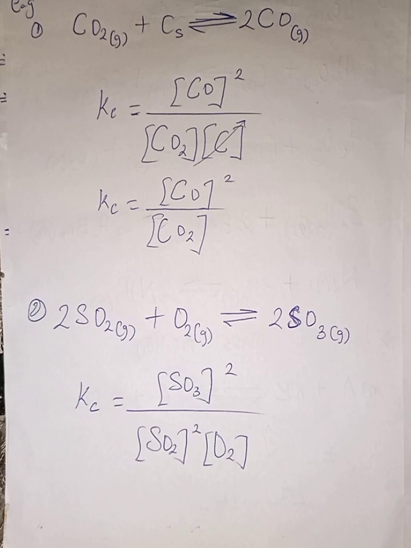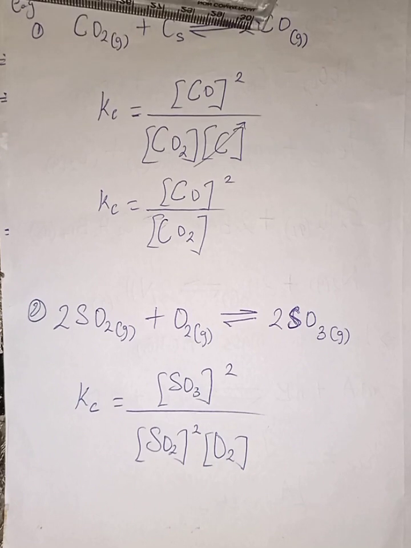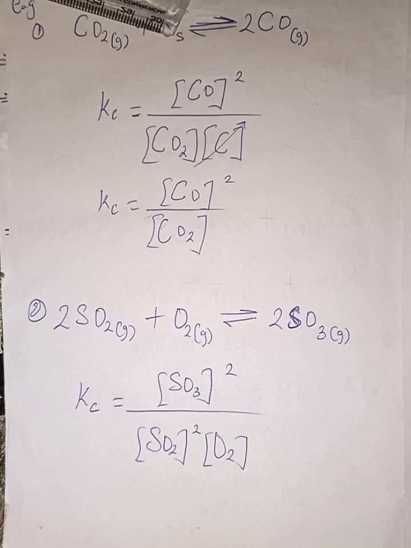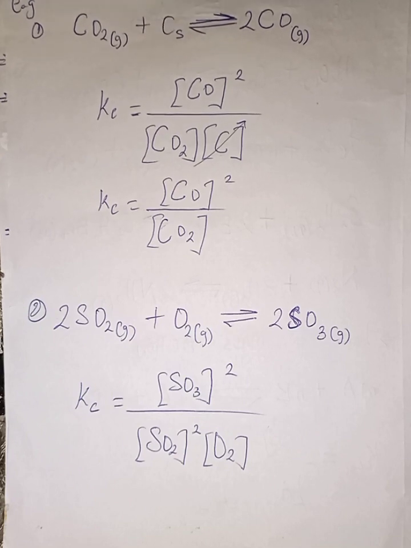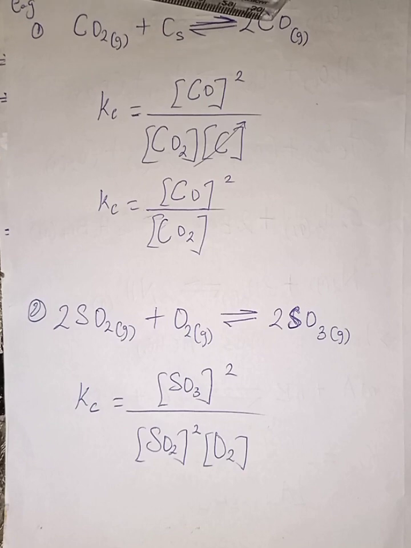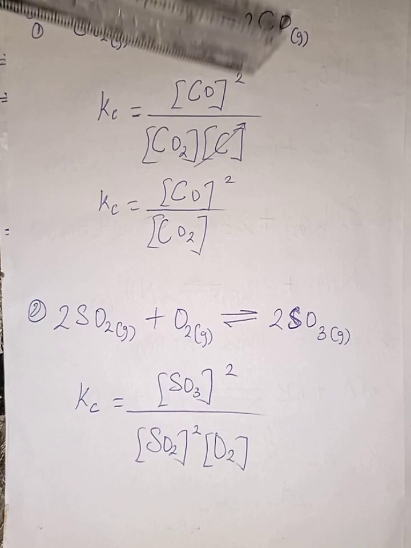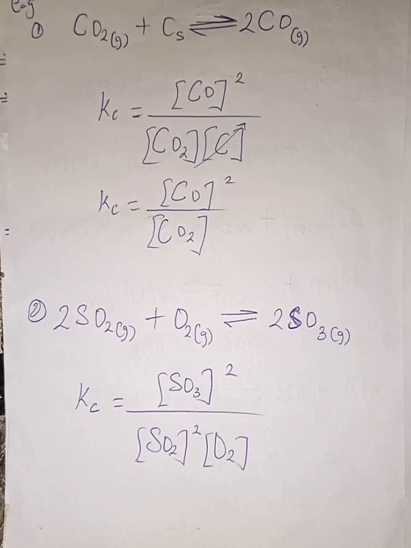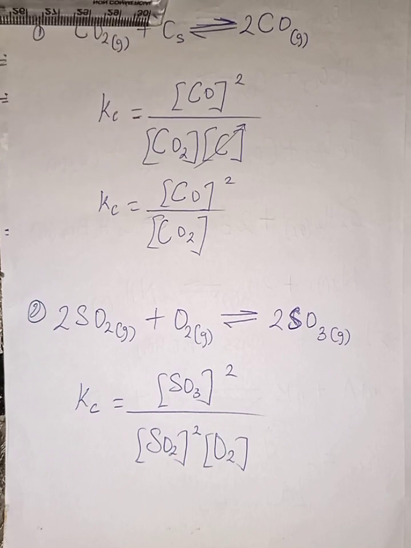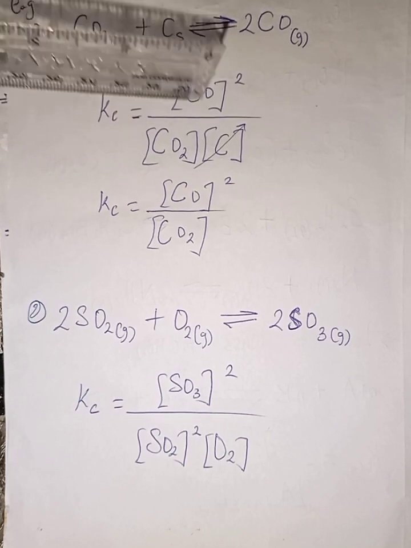Now, if you look at this first reaction, we have this plus this to give us this. If you check, this carbon is in solid state, the others gaseous. So you take the products. We have just one product here, which is CO2, carbon dioxide. Then raise it to the power of the coefficient, which is 2. We have CO2 times this C, carbon.